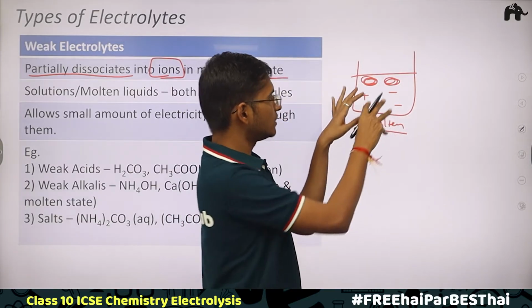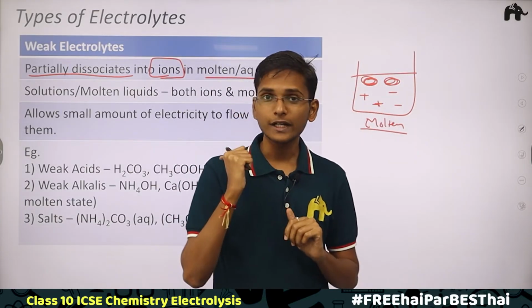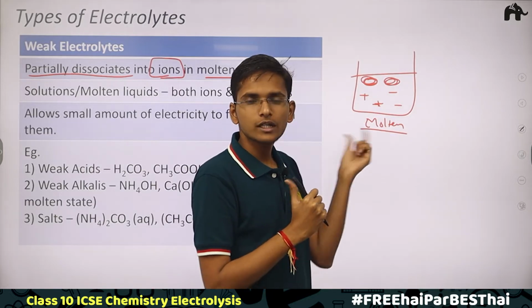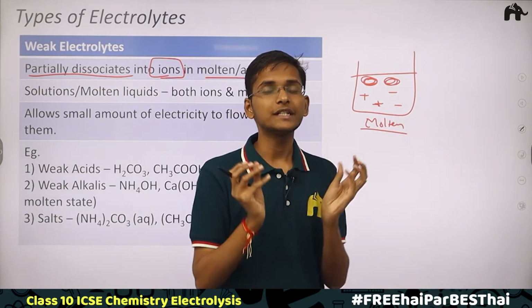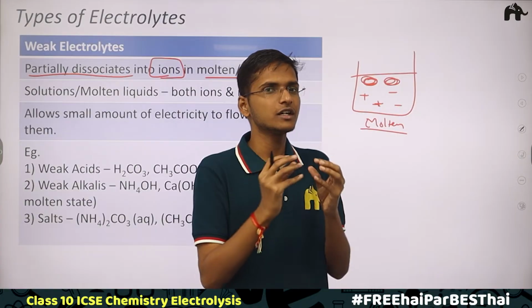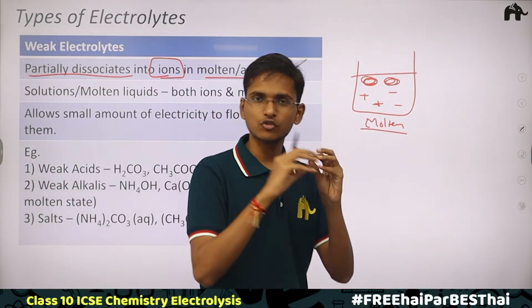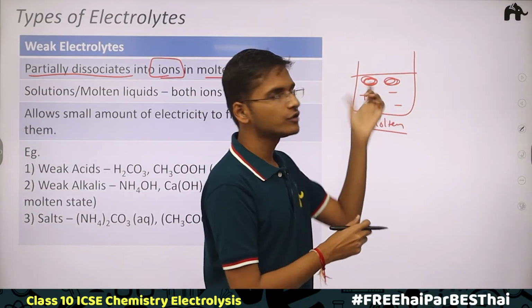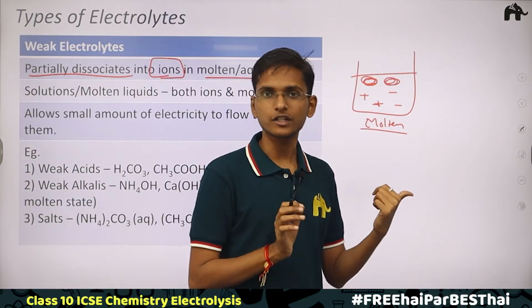Why? Because the molecules of this weak electrolyte in their molten state would not dissociate completely. They are dissociating partially. This means that some molecules would get dissociated into ions and some molecules would remain as they are. So this is the meaning of partial dissociation.